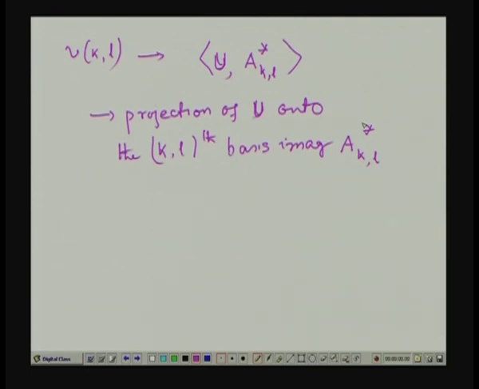Now, let us take an example. Let us consider an example of this transformation. We have been given a transformation matrix which is given by A equal to 1 upon root 2 times 1, 1, 1, minus 1, and we have the input image matrix U equal to 1, 2, 3, 4.